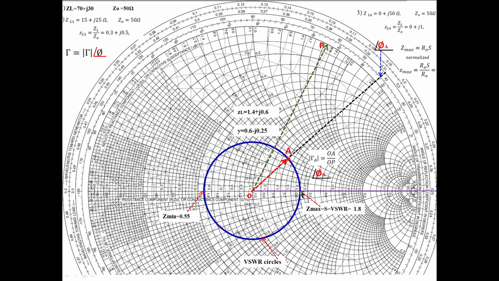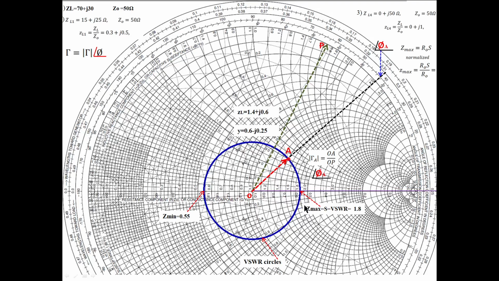Actually this is Z maximum, the maximum value of impedance you can observe on the transmission line. As I already told, moving over a VSWR circle in the clockwise direction is nothing but moving over a transmission line.